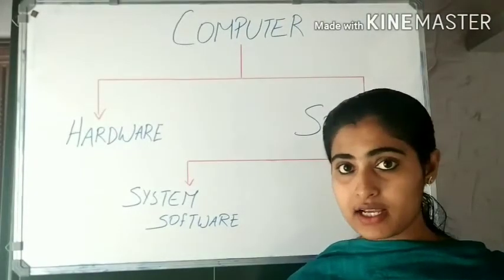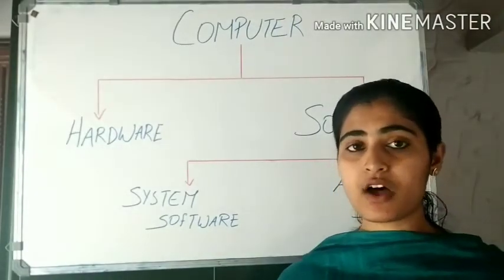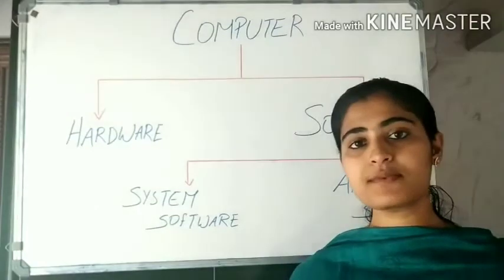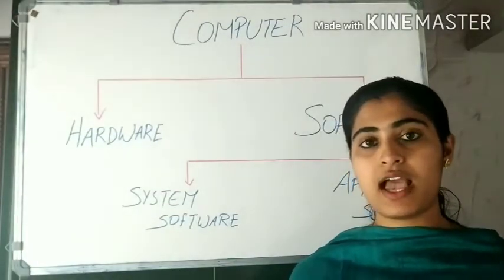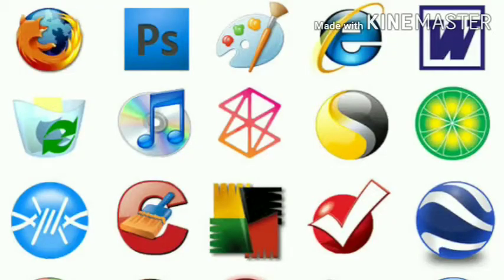So, inside a computer, there are some softwares which are used for specific purposes. That is, MS Paint is used for drawing pictures. MS Word is used for writing purposes. MS Excel is used for worksheet purposes. So, application software means they are the softwares which are used for some specific purposes.